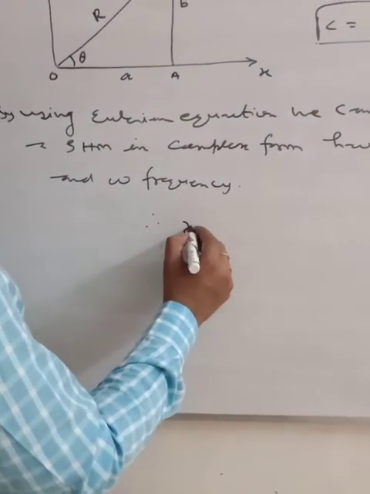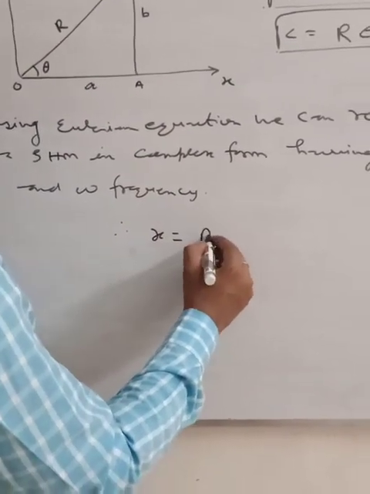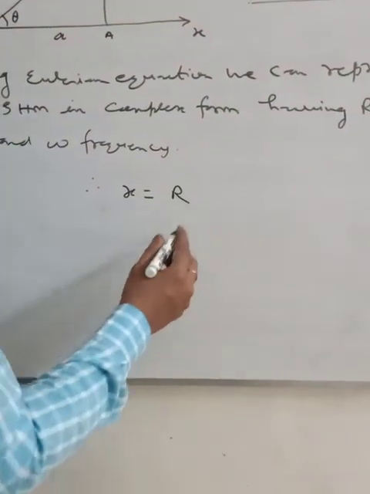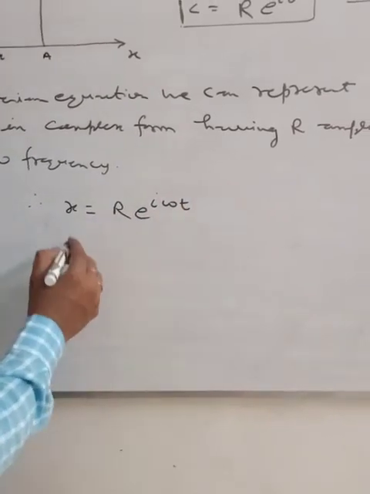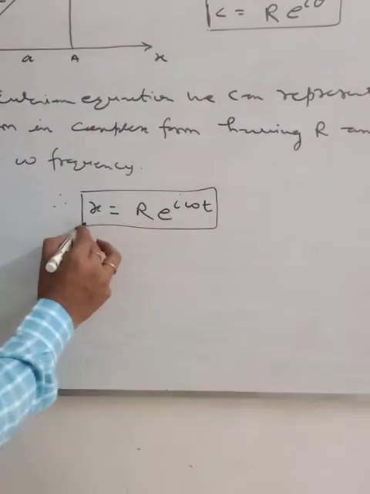Therefore, the displacement x is equal to R e^(iota omega t). This is the displacement in complex form.